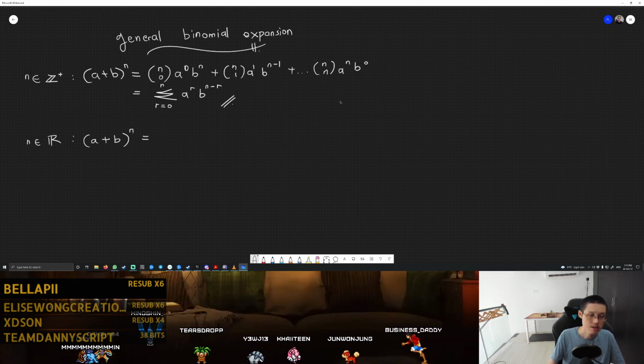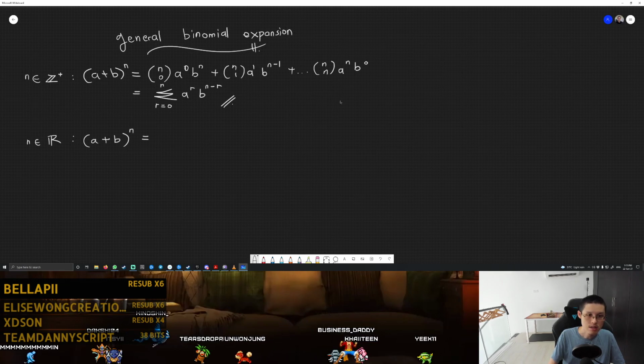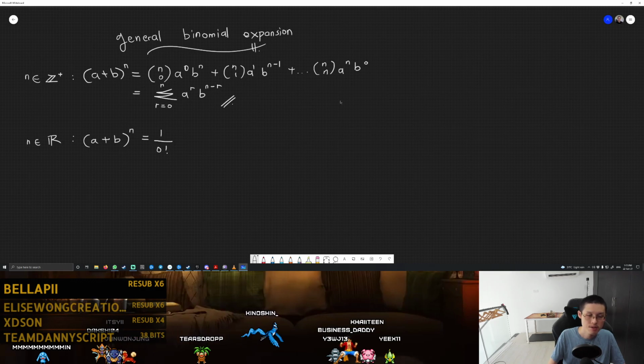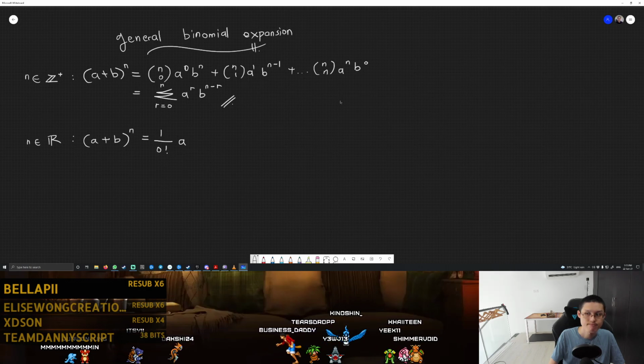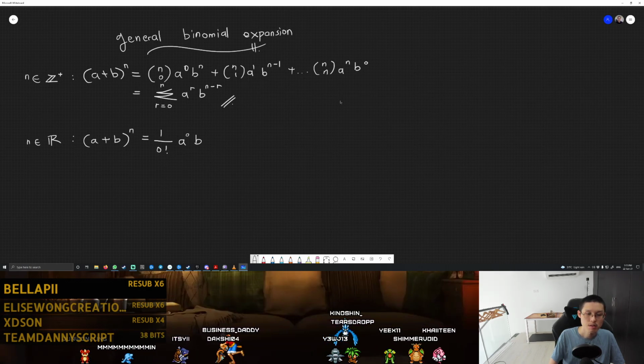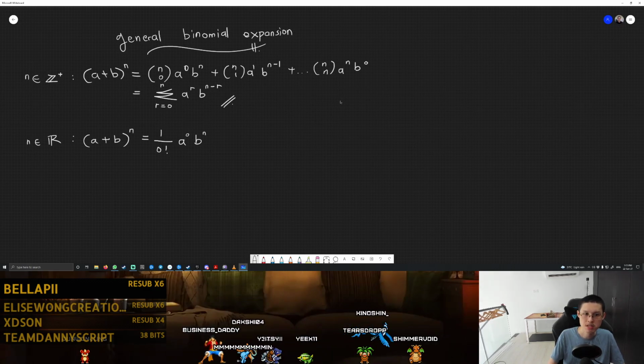I'll just write it out. Maybe that might make the most sense. So this actually looks like 1 over 0 factorial a^0 b^n. Okay, so far it's kind of similar.